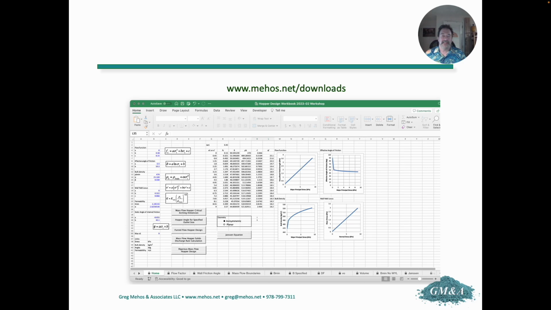It's fairly easy to use. I have some VBA-driven macros, and once in a while you might get an error. And I tell people it's not a bug, it's a feature, because when you get an error, it's usually because your material is so cohesive, gravity flow is not possible, or your material has such high wall friction, mass flow along the walls is unlikely even at very, very steep hopper walls.